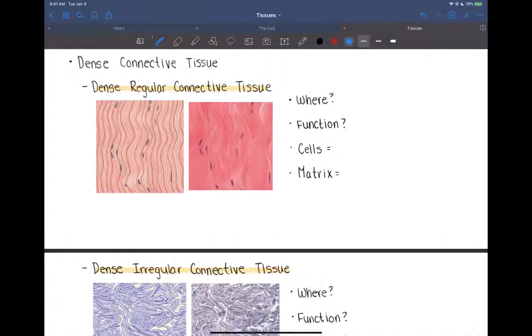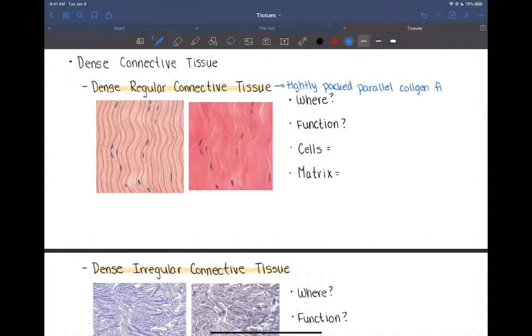And so this tissue has, we'll say, tightly packed parallel collagen fibers. All right.